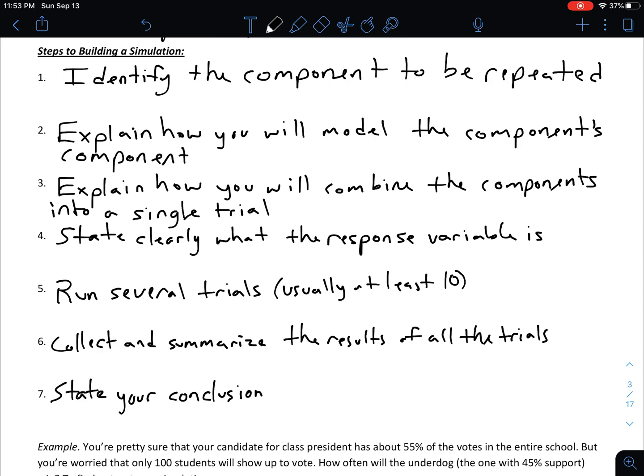Look at whether each trial was a success or a failure, and how many successes or failures you had. And 7, state your conclusion. Make your decision based off of the data that you got.